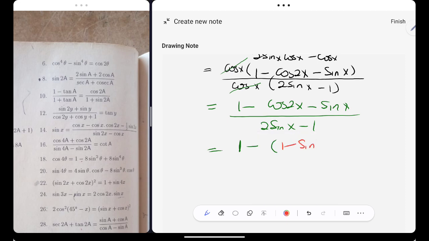1 minus 2 sine squared x. I still have a negative sine x there, all over 2 sine x minus 1.